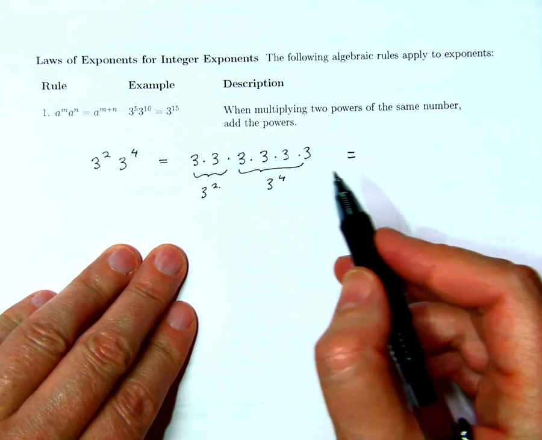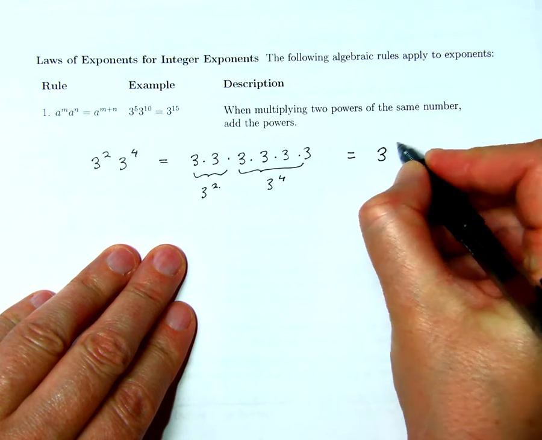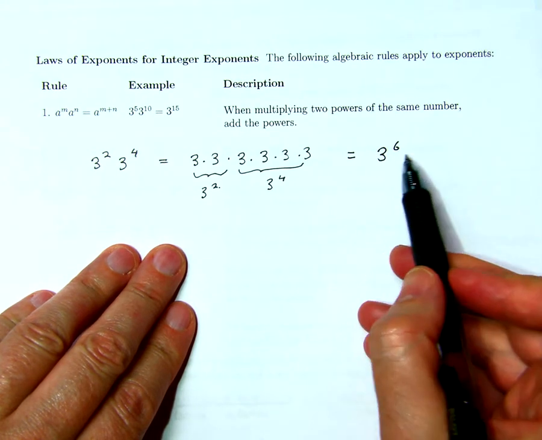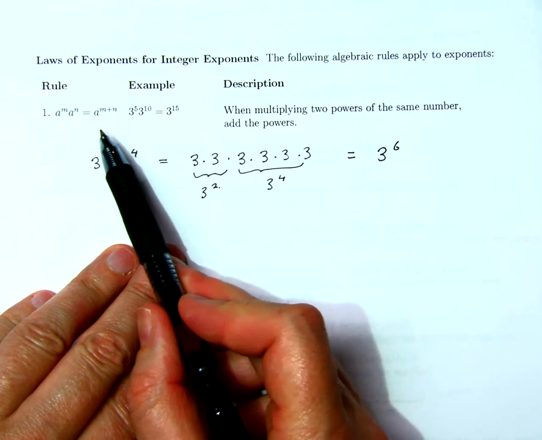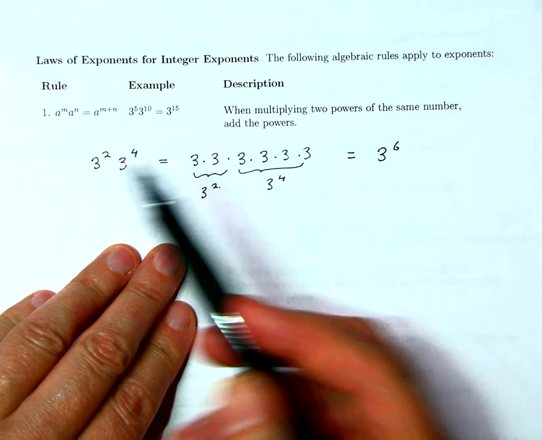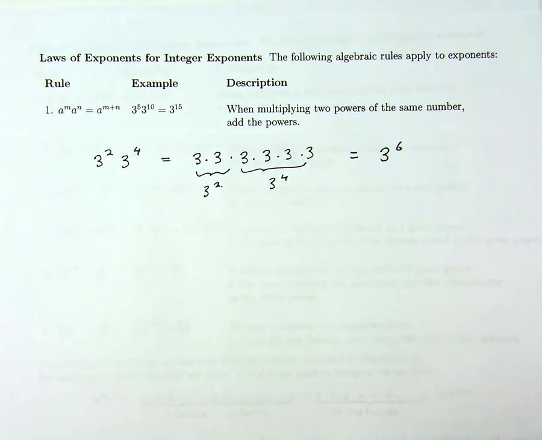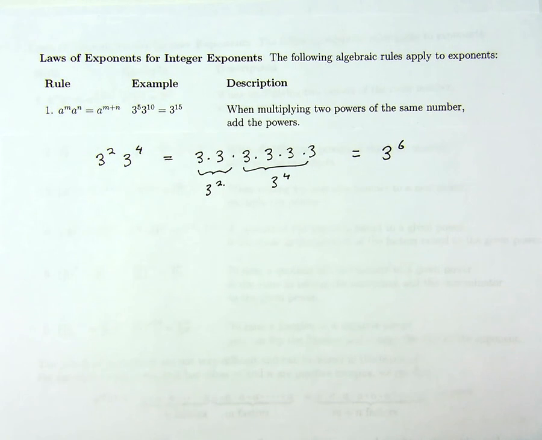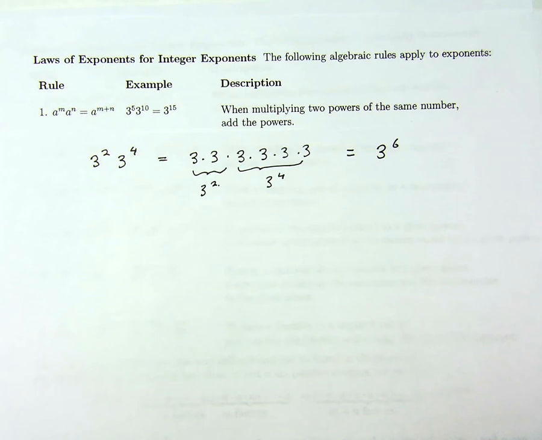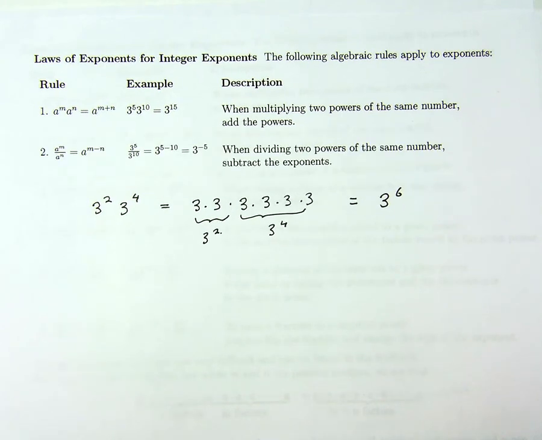But now this is just 3 multiplied by itself 6 times, so this is 3 to the 6. And that, of course, agrees with the rule here: a to the m times a to the n is a to the m plus n. And the proof is very similar to that. That's just an example, but the proof is very similar, except it involves a's and m's and n's as opposed to 3's and 2's and 6's.